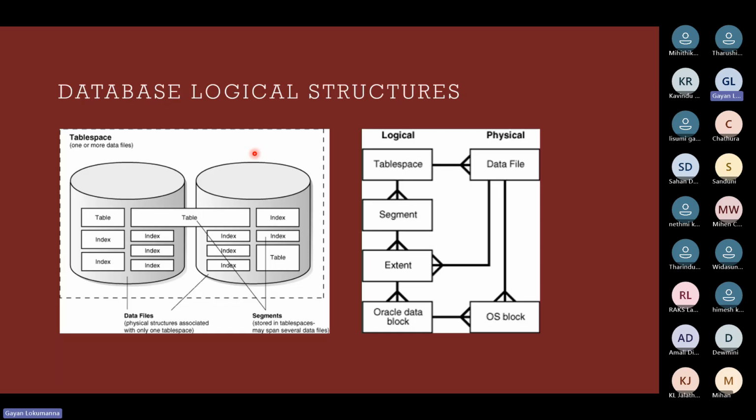Because both extents are part of the same segment, you will see that your segment is getting spread across multiple data files. What's the advantage of having extents spread across multiple data files? The performance. Because the moment you spread it across multiple IO devices, there is a performance gain.